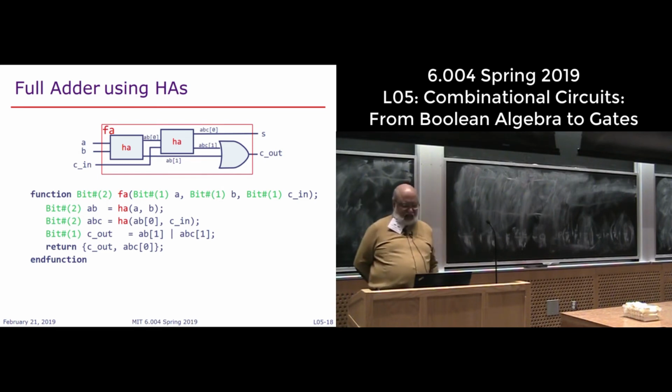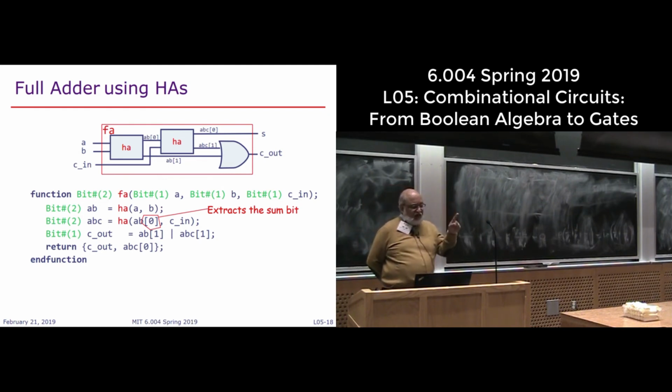Now, notice here that we have lots of things. So when I write AB of 0, what do I mean? How big is AB? 2 bits, right? So it has a 0th bit and a first bit. What was assigned to the 0th bit? You'll have to go and look at the definition of half adder, but the 0th bit was the sum bit, and the first bit was the carry bit in it.